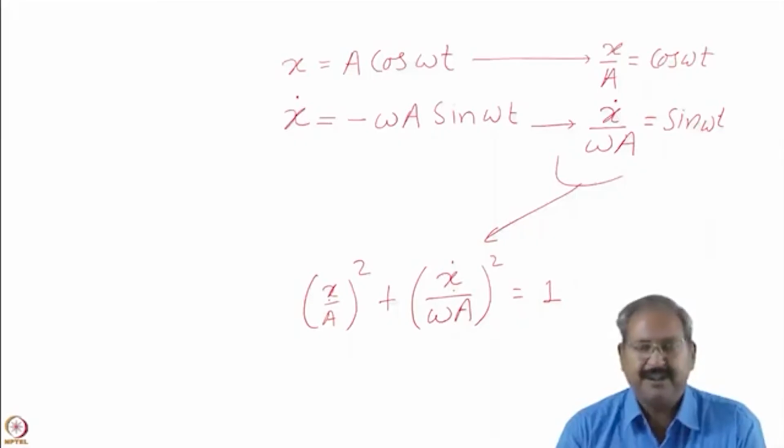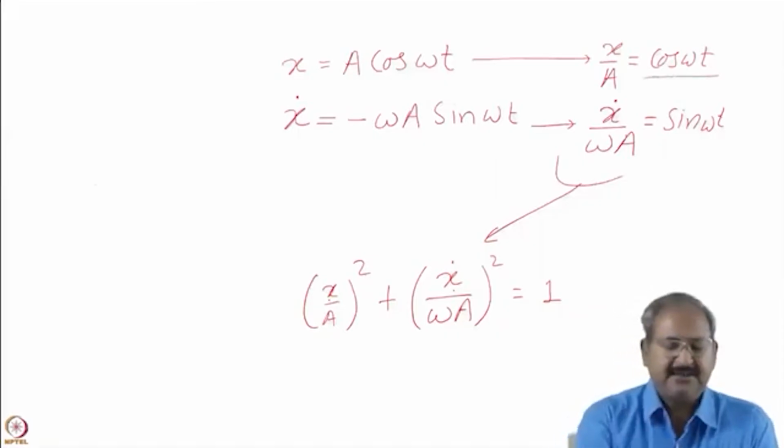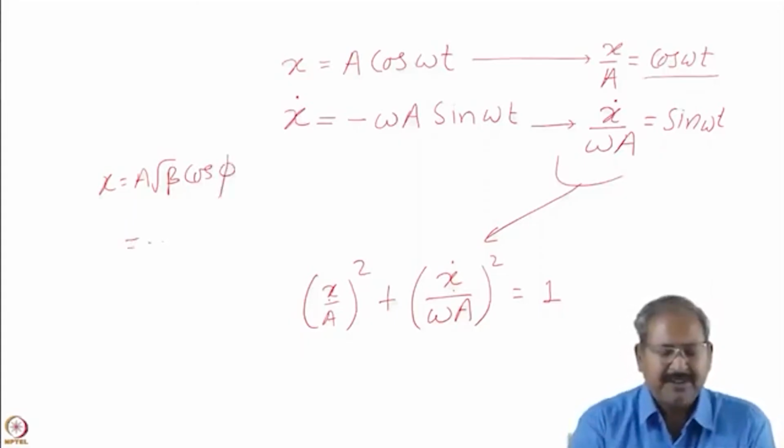We are trying to do that. That's why first we obtained x is equal to a root beta cos phi, and now some variable combination we want in the form of something into sin phi.